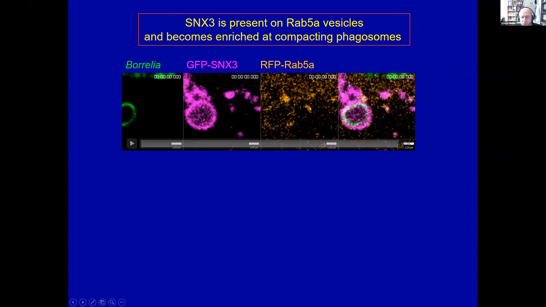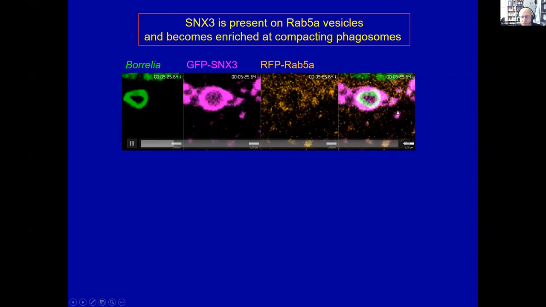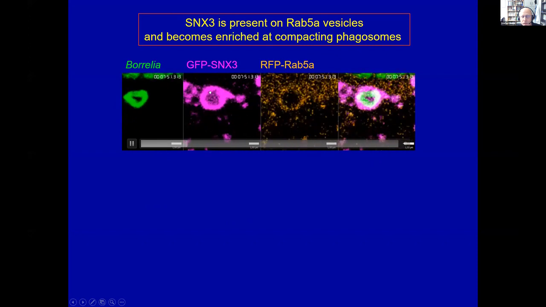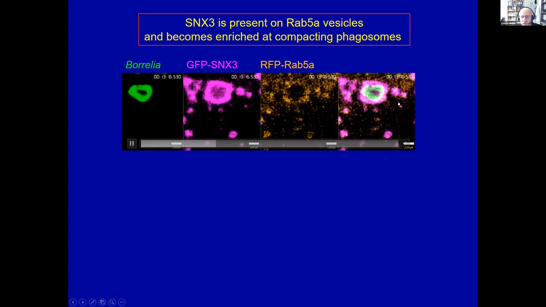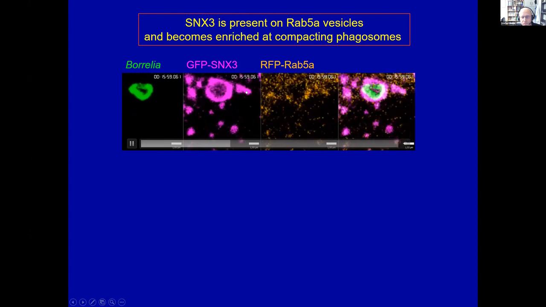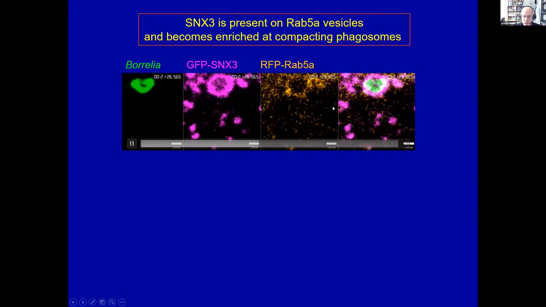And you could already see that some of these RAP5A positive vesicles are also positive for SNX3. And you see that this is a very dynamic co-localization. And actually, this SNX3 positive phagosome gets repeatedly contacted by vesicles that are positive for both SNX3 and also for RAP5.